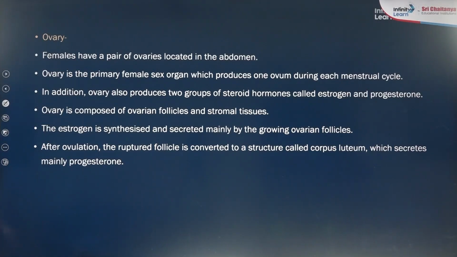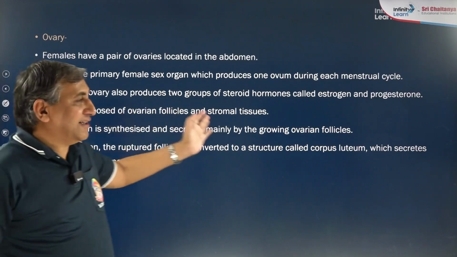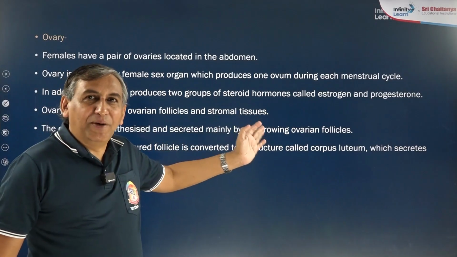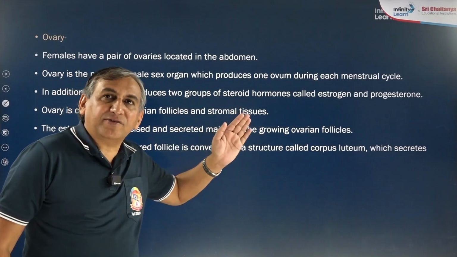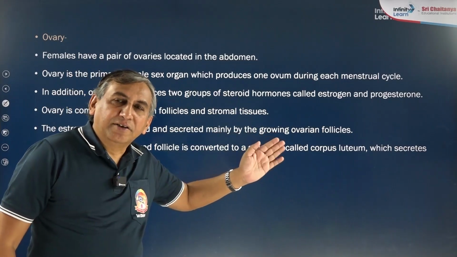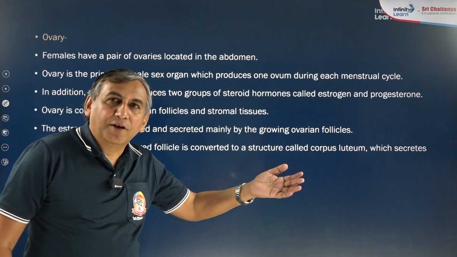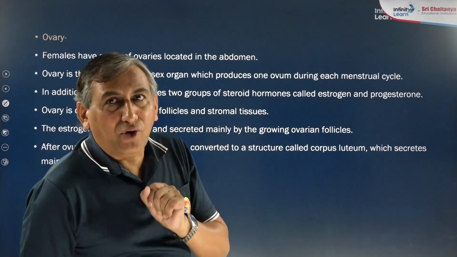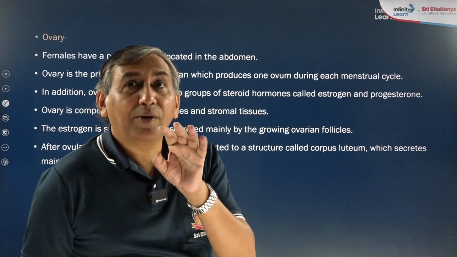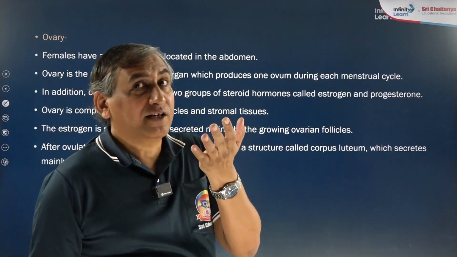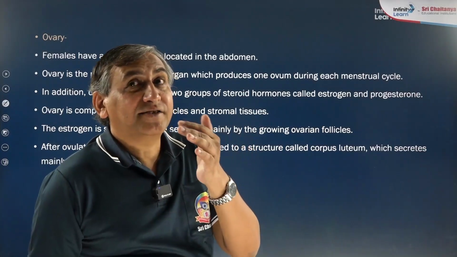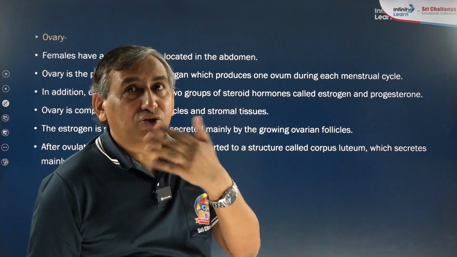So, in ovary, their basic function is the formation of female gamete, that is the ovum. Are you remembering? Graafian follicle is there. Well-developed ovarian follicle is known as the Graafian follicle. And they secrete one hormone, that is the estrogen.